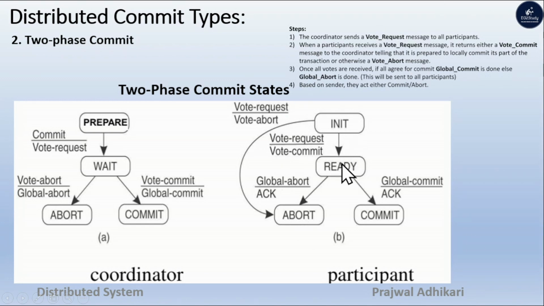Otherwise, it is ready to vote commit. If one of the participants sends abort, then it will be global abort. Otherwise, global commit. When the coordinator receives the message, if it is a global abort, it will abort the transaction, and if it is a global commit, then the coordinator will commit. And this is the working mechanism of the two-phase commit protocol.